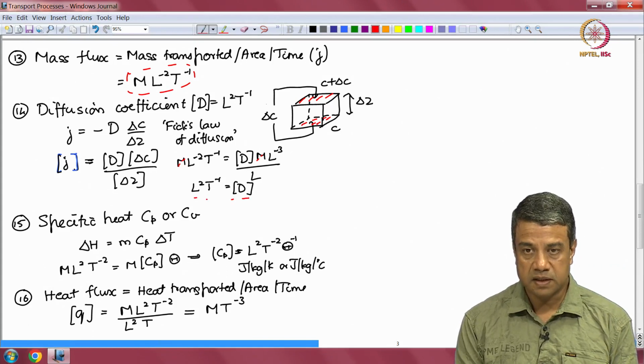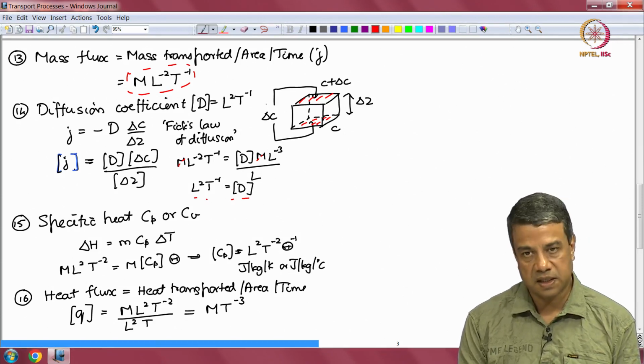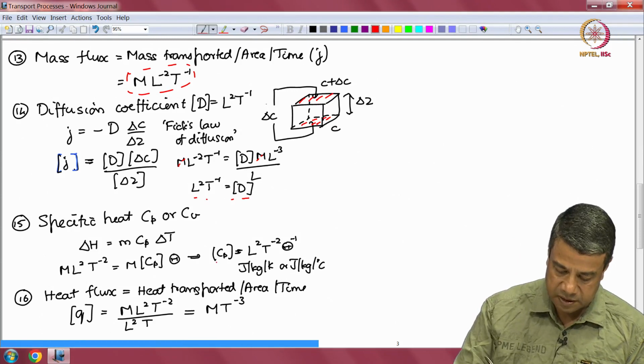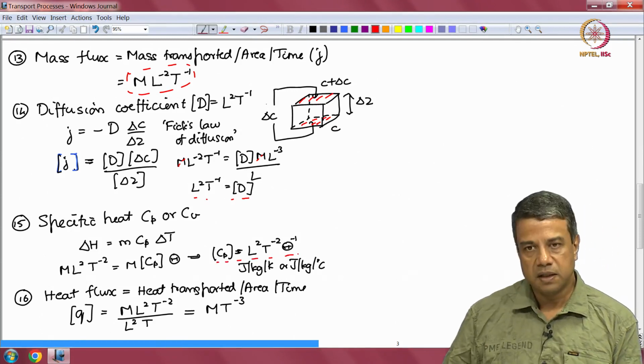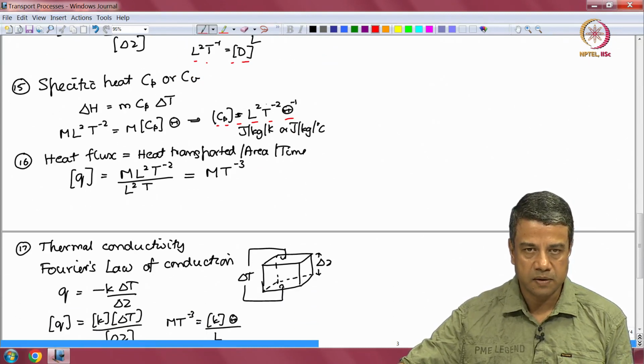Specific heat from the relationship change in energy or change in enthalpy is mass times specific heat times the temperature difference, and we had got the dimension of specific heat. Heat flux is heat transported per unit area per unit time.